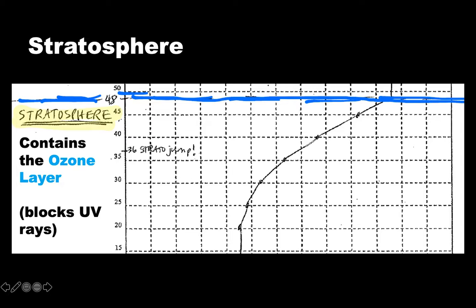And our ozone layer's job is to block most of the incoming UV rays from the sun. Doesn't block all of them because we can still get a suntan or a sunburn if you're Mrs. Gerhardt. But it does block enough of them that life as we know it is able to thrive on Earth's surface. If we didn't have this ozone layer, it's very likely that these ultraviolet rays would not allow life as we know it and would kill much of the life that we do have.